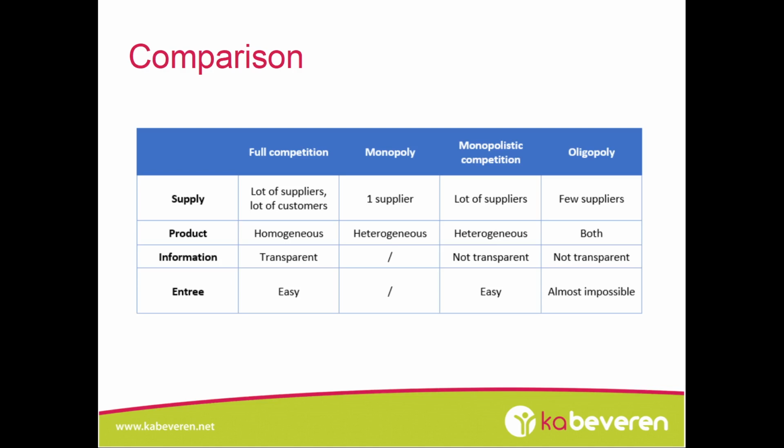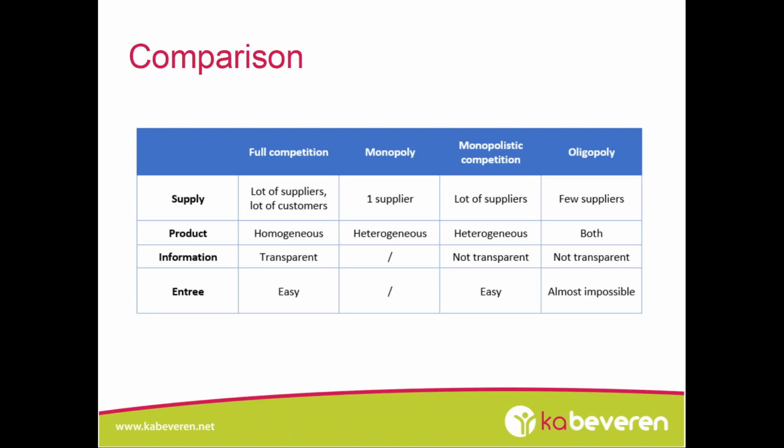Finally, we have the entry. Is it easy or difficult to enter the market? Full competition, yes, very easy. Monopoly, well, there is only one. You cannot defeat a monopoly just like that. So also here you could say almost impossible, or once again, well, there is only one. People do not even try to enter the market.